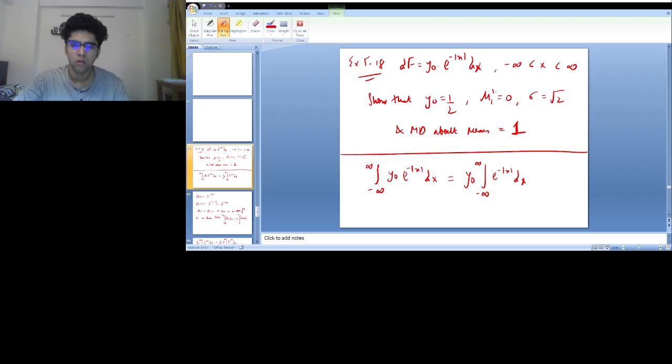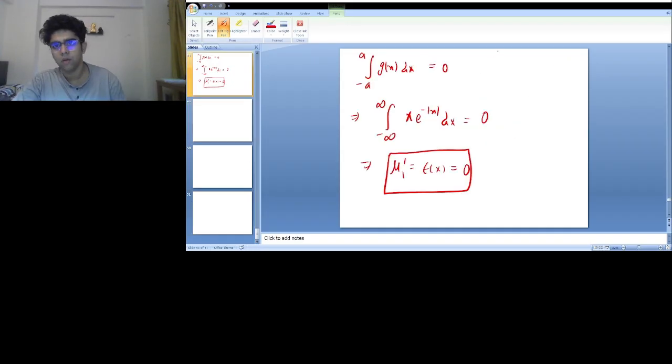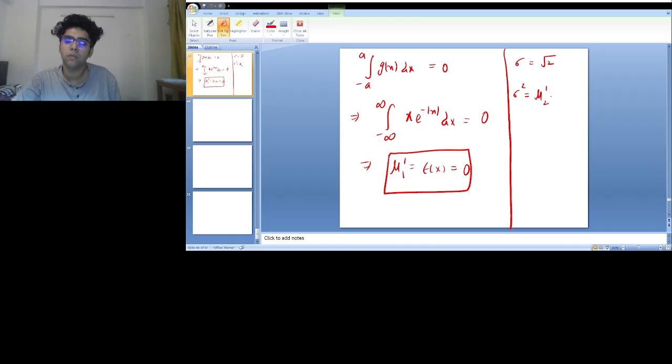See, this is 0. Now we need to show that my sigma is root 2. We need to show sigma is equal to root 2. For finding sigma, I'll first be finding sigma square. So sigma square is the second moment with respect to the origin minus the square of the first moment with respect to the origin.